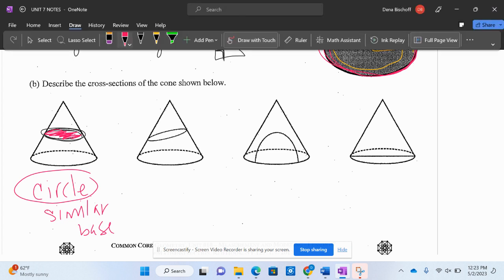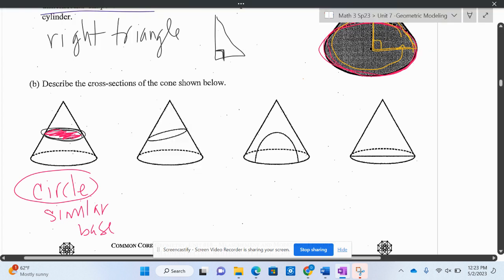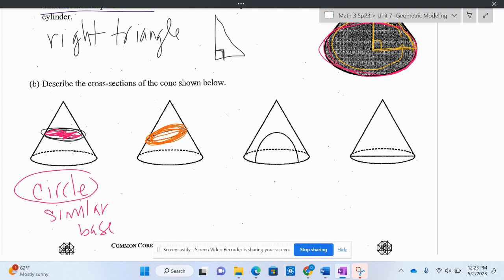What kind of a shape does this next cross section create? I'm cutting it at a slant. We don't say the word oval in math. It's called an elongated circle. But you guys had math too, right?